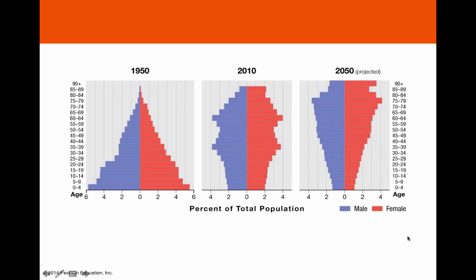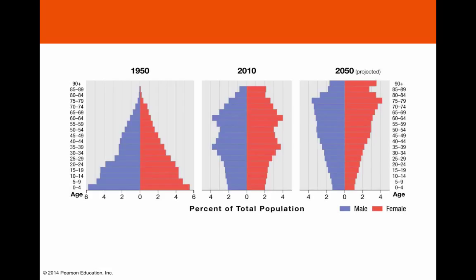Okay, so these are population pyramids, and what we see on population pyramids are the gender. So this is male, and this is female, and we see the different ages of people. So we're going to see how many males and females there are in each age bracket, and this is what's projected, is that there will be fewer young people, as people are either having fewer children or waiting until later in life to have children.